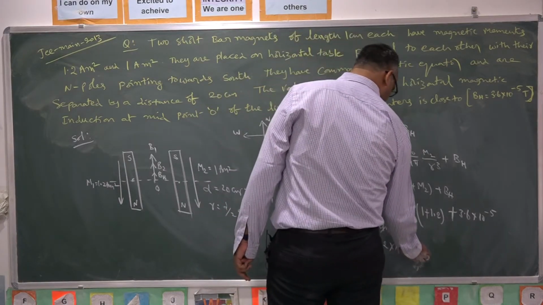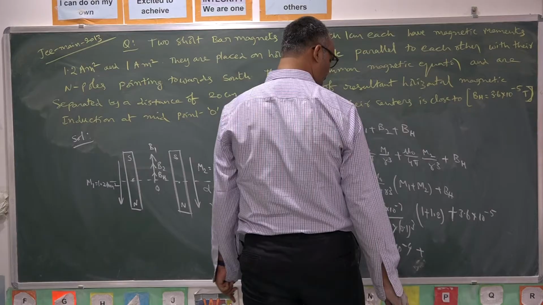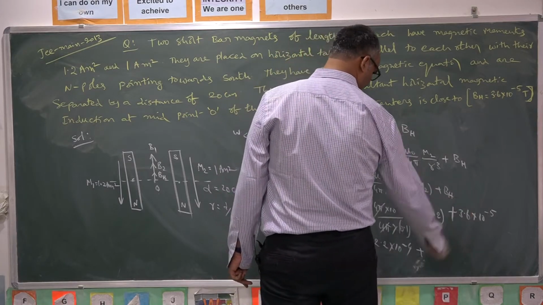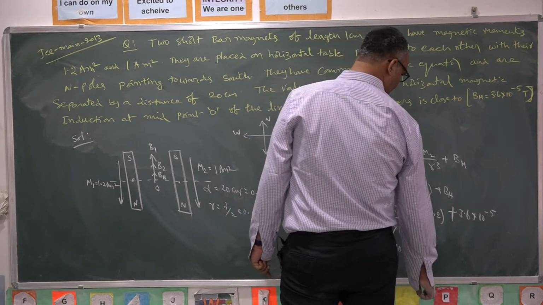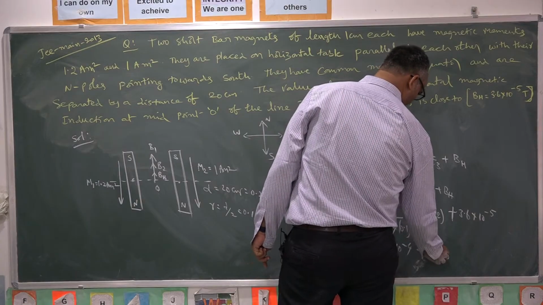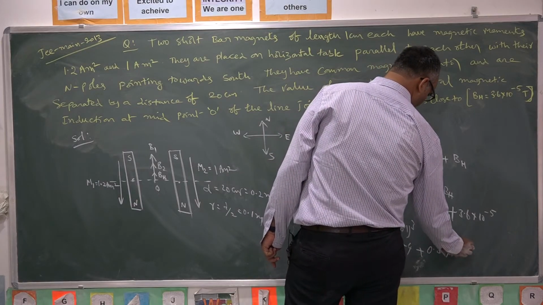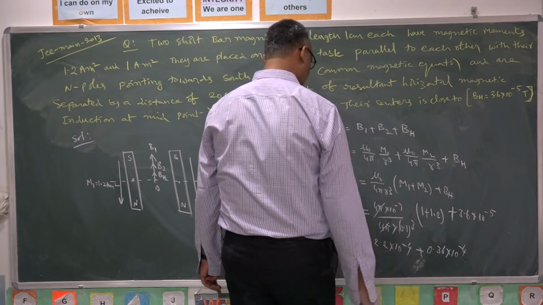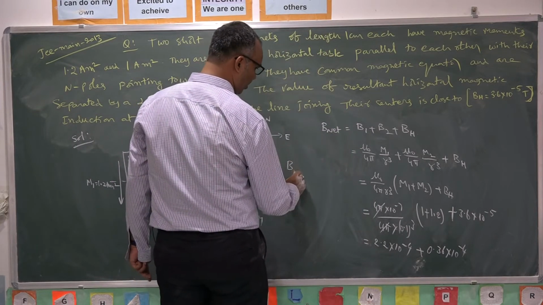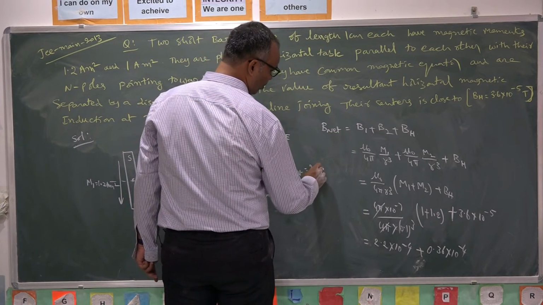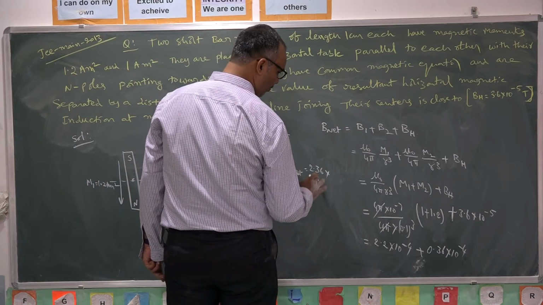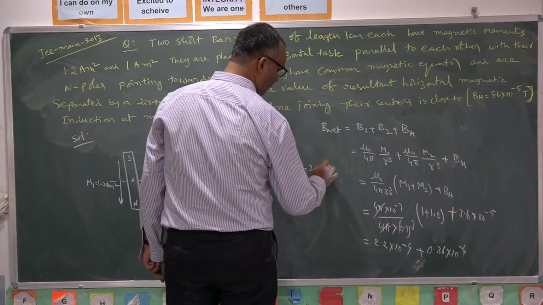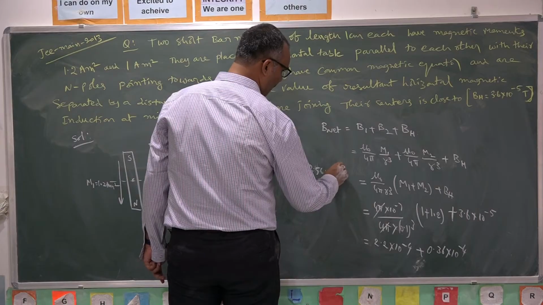It should be added with BH, which you can write as 0.36 into 10 power minus 4. On adding these two, the net magnetic field is 2.56 into 10 power minus 4 Tesla.